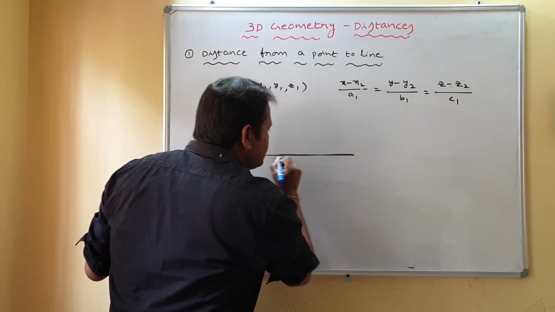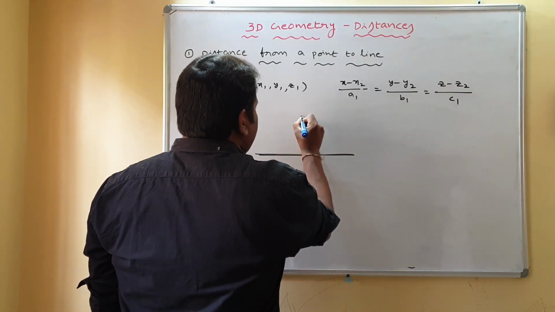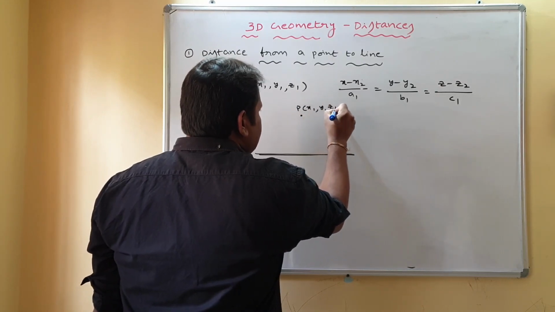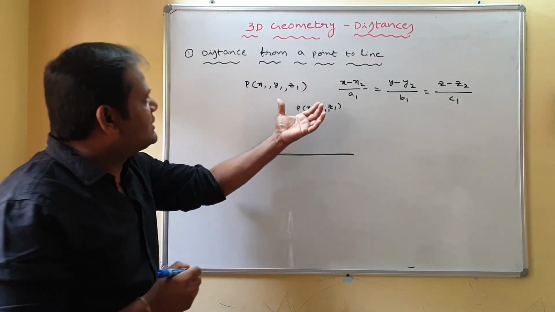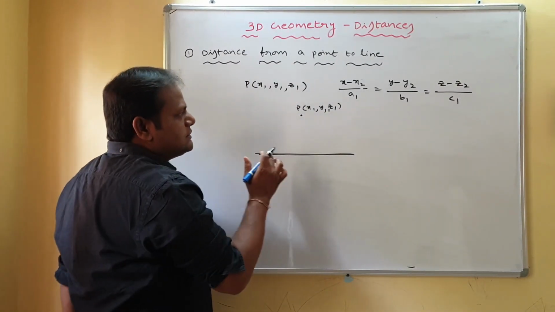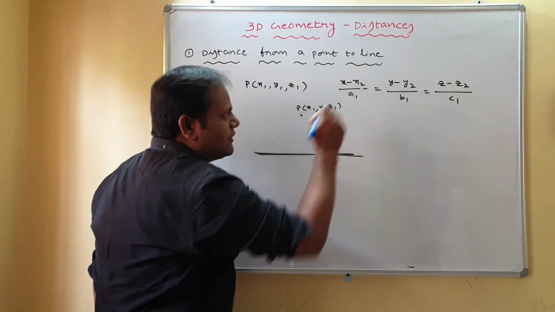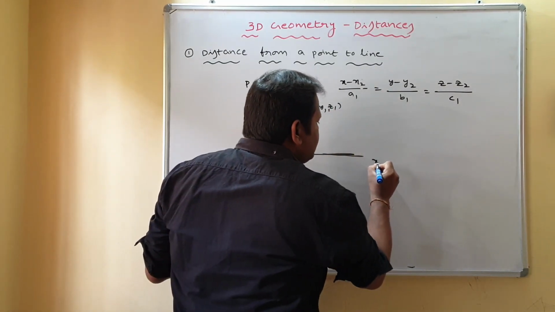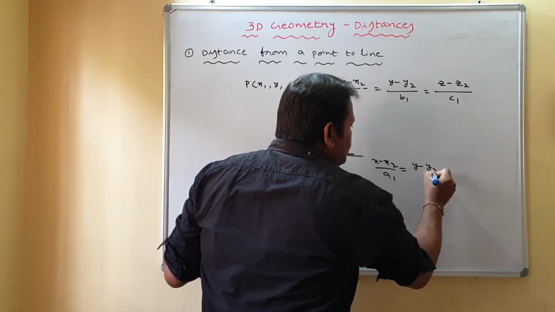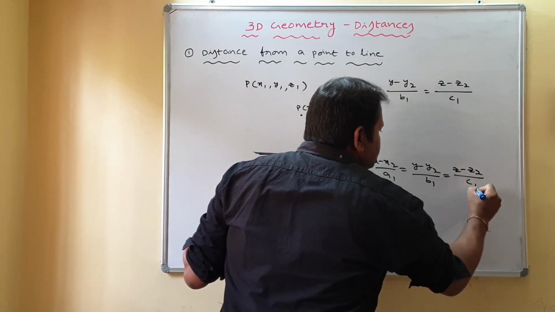Suppose this is the line and they are asking for the distance from the point P, which is (x1, y1, z1). Now our target is finding the distance from P to this line. Observe the line equation: (x minus x2) by a1, (y minus y2) by b1 equal to (z minus z2) by c1.